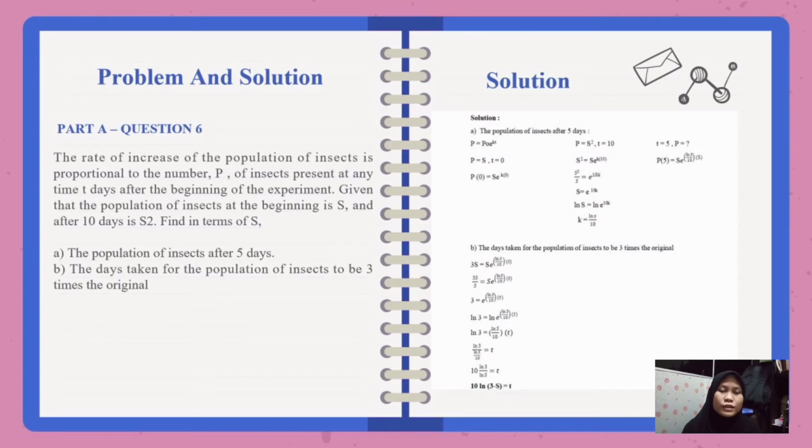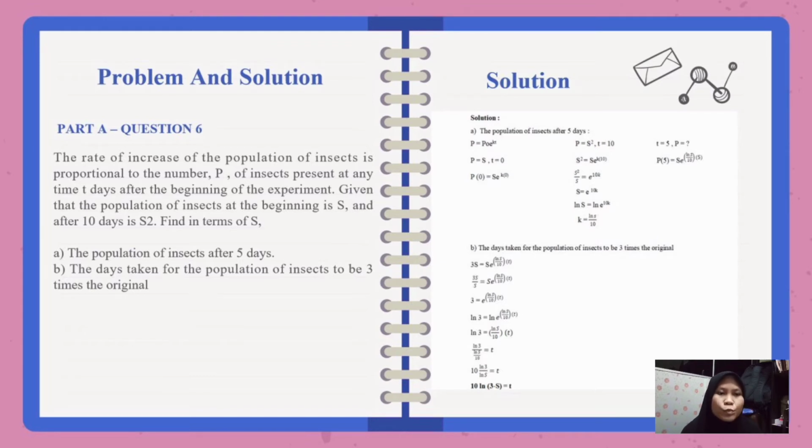So for solution A, the population of insects after 5 days, we use the formula P = P0 e^(kt). P = S, t = 0, and we get P0 = S e^(k·0). Next, if P = S squared and t = 10, then S squared = S e^(10k).